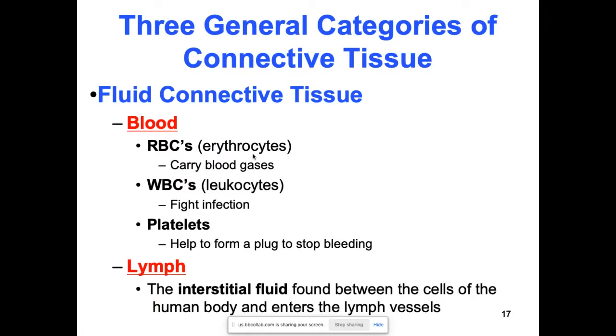Cellular respiration, that is energy production. The WBCs, these fight infection. Those are leukocytes. The white blood cells are broken down into granulocytes and agranulocytes. When you get into blood, you will learn more about them.